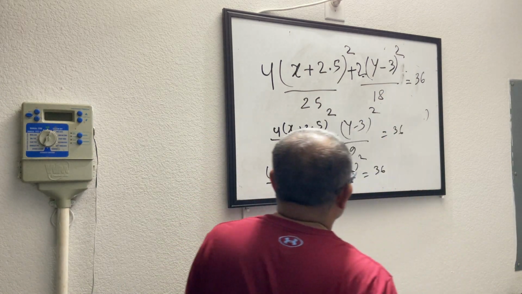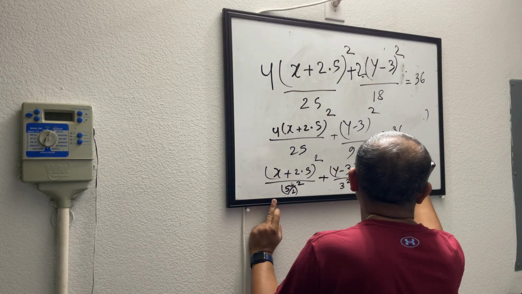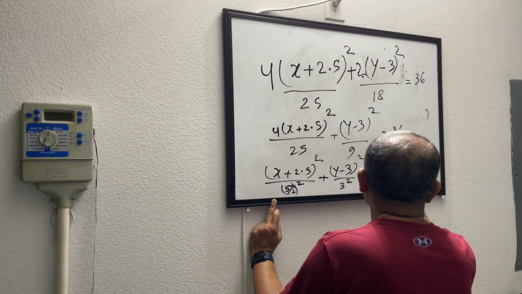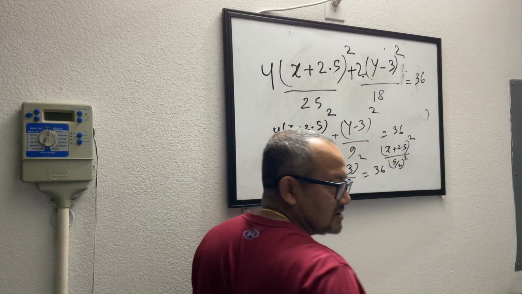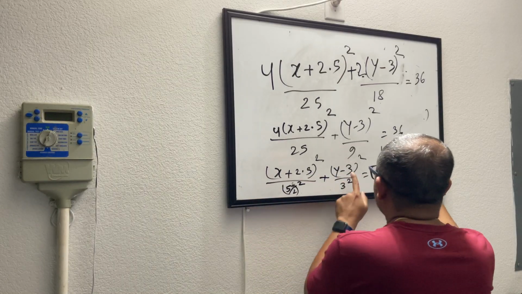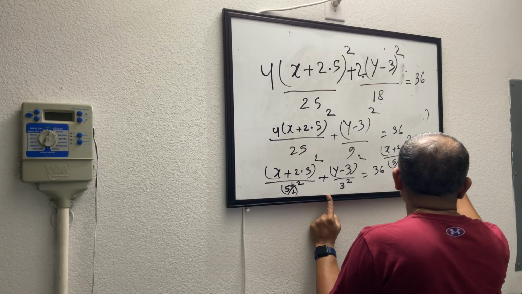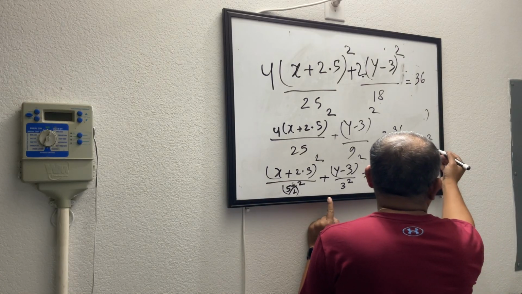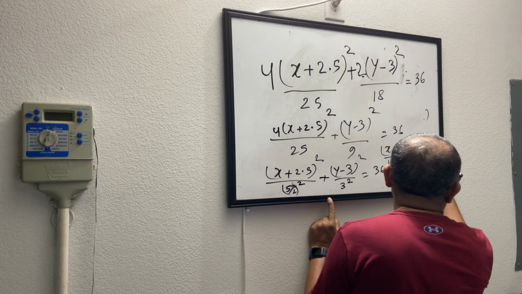What we can do in the next step is, we'll say, okay, fine, this is x plus 2.5 squared by 5 over 2 squared, plus y minus 3 squared by 3 squared equal to 1. What we did was, we removed 36 from here, meaning we divide everything by 36.